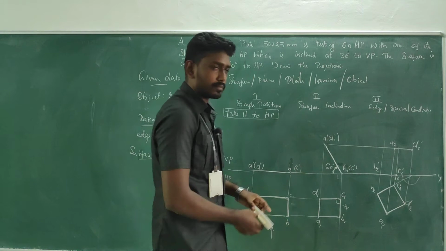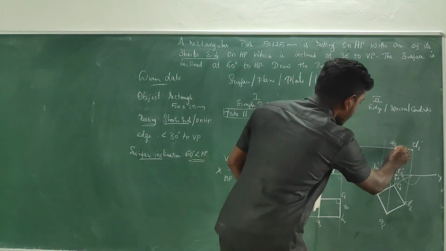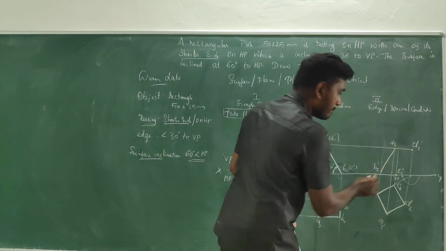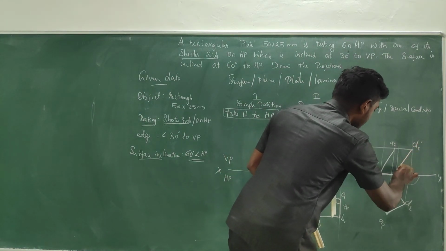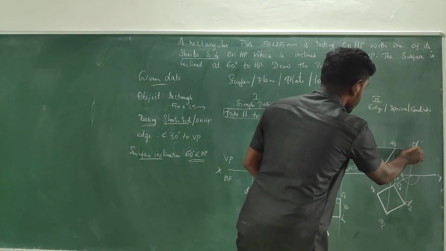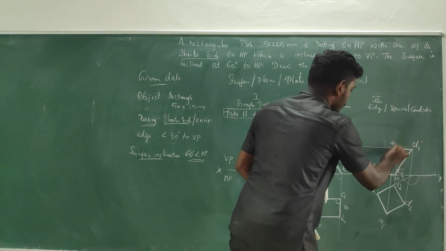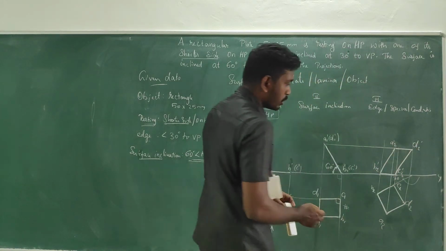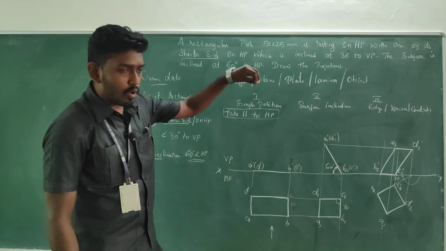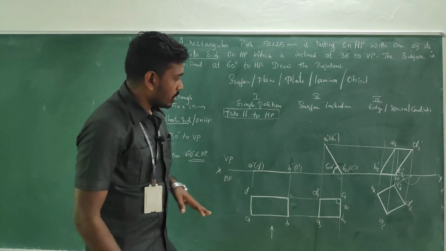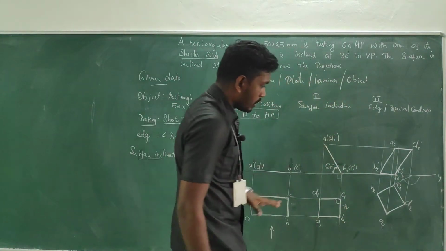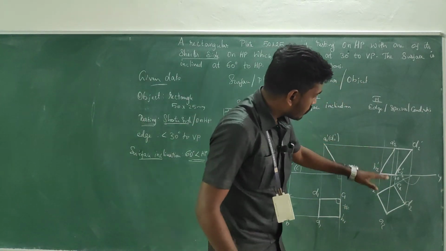Okay. Now connect A to B a line, B to C a line, C to D a line, and then D to A a line, so that you will be able to get the final front view, right? Okay, you got the final front view as well as the final top view.